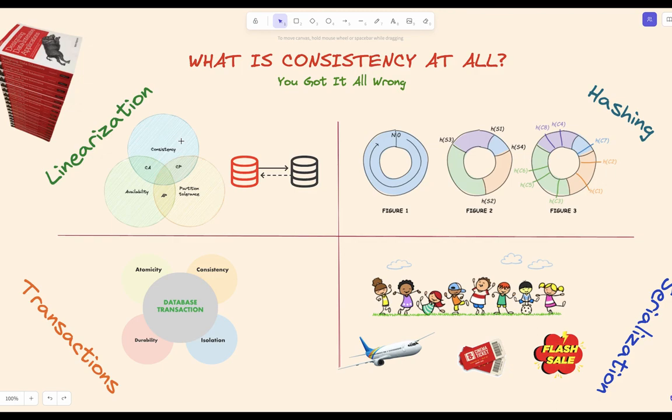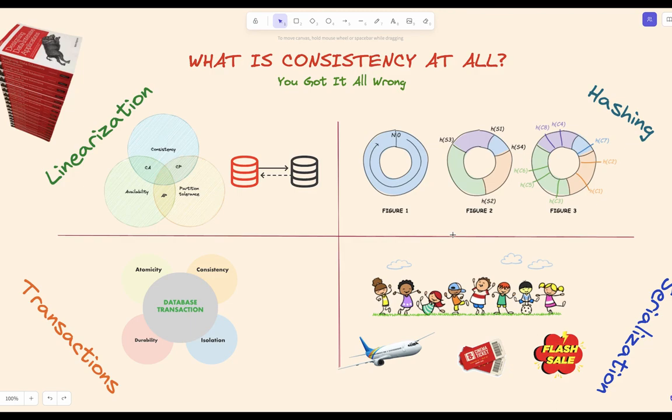So I hope after this video you would be clear with the use of consistency in different aspects of system design. So let's begin. What I've done as part of this discussion is I have divided this entire section into four possible scenarios where we use the word consistency. I'll go over them one by one.